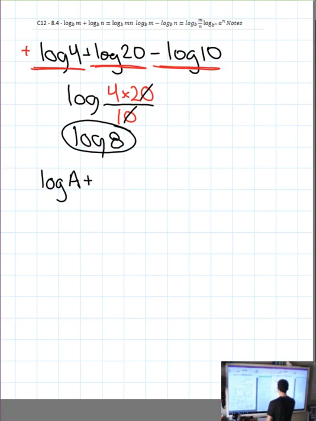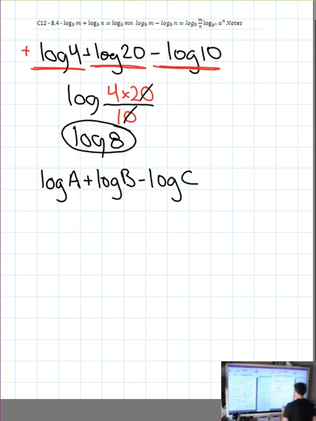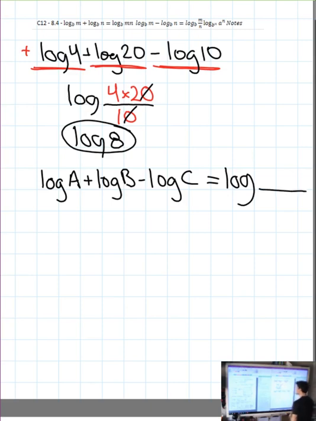Log A plus log B minus log C. Well, I'm just going to turn that into a single logarithm. So A is positive, A goes on top. Log B is positive, times B on top. Log C is negative, C goes on the bottom.